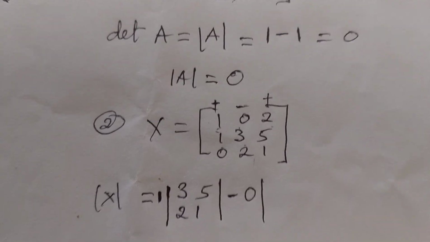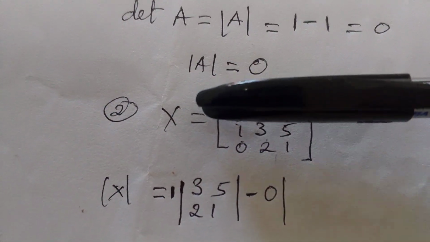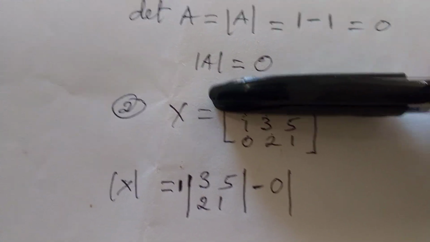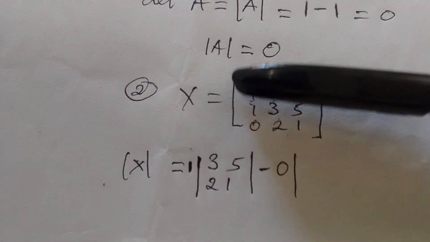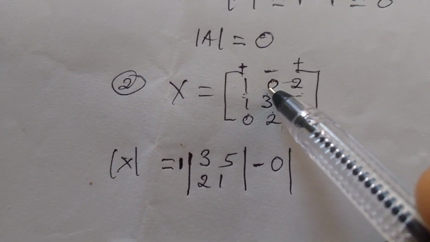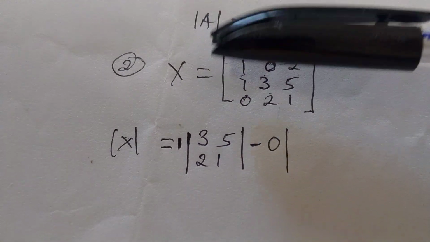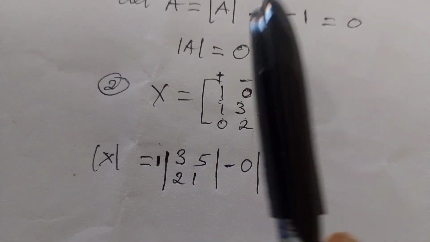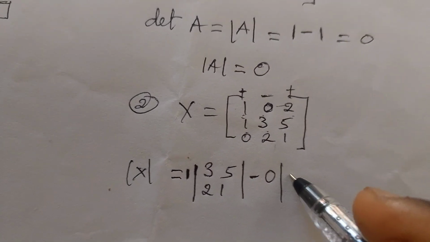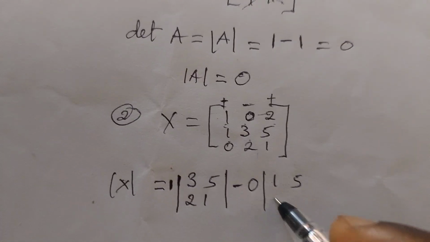Where I closed the first row and the first column, I'll also come here and close the first row and the second column. So what I have left is 1 5 0 1.